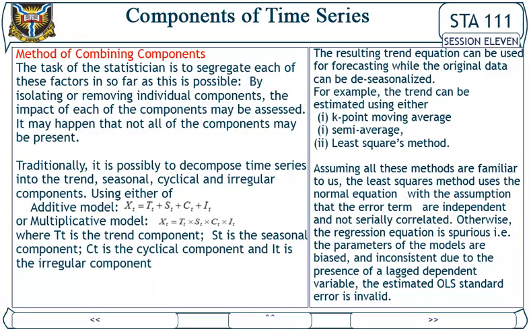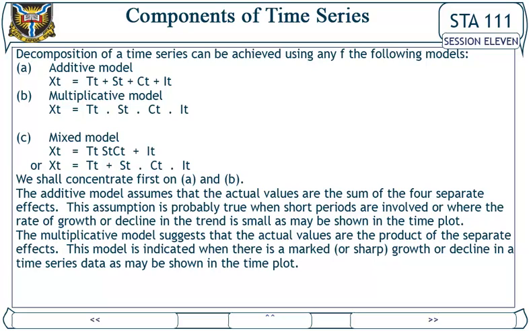Otherwise, the regression equation is spurious, that is, the parameters of the models are biased and inconsistent due to the presence of a lagged dependent variable. The estimated OLS standard error is invalid.